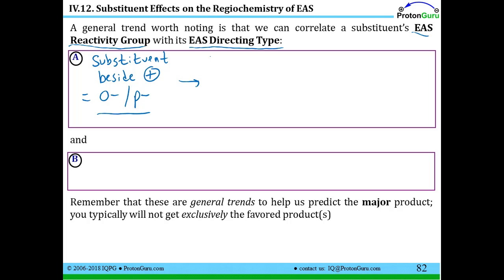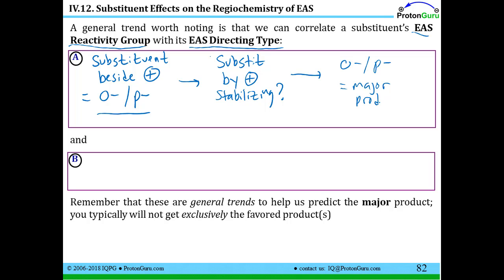Well, if having the substituent next to the positive charge helps to make that positive charge more stable, then ortho and para, a mixture of those, will be the major product. So we really need to know for which of these substituent classes we talked about in our last lesson is the substituent stabilizing for an adjacent carbocation. Well, we have 3 groups that do this.